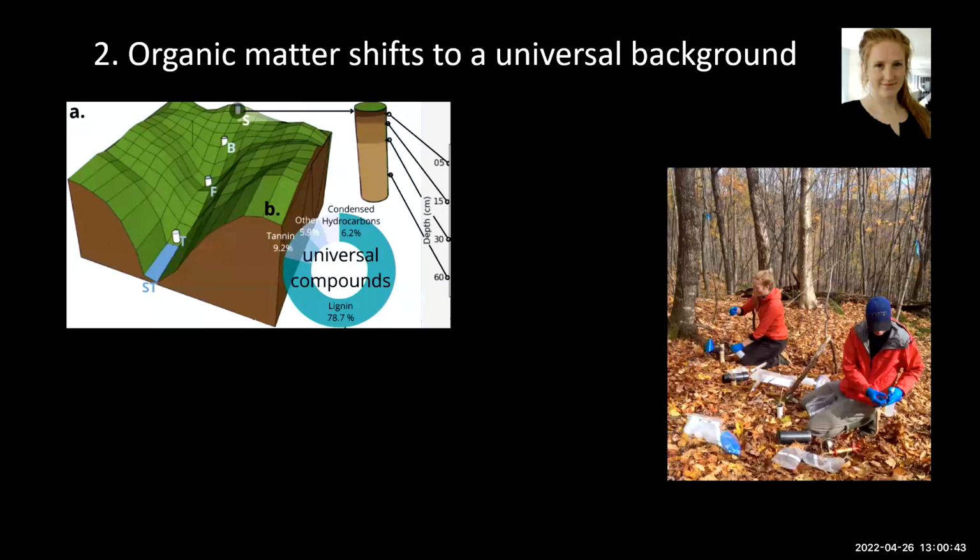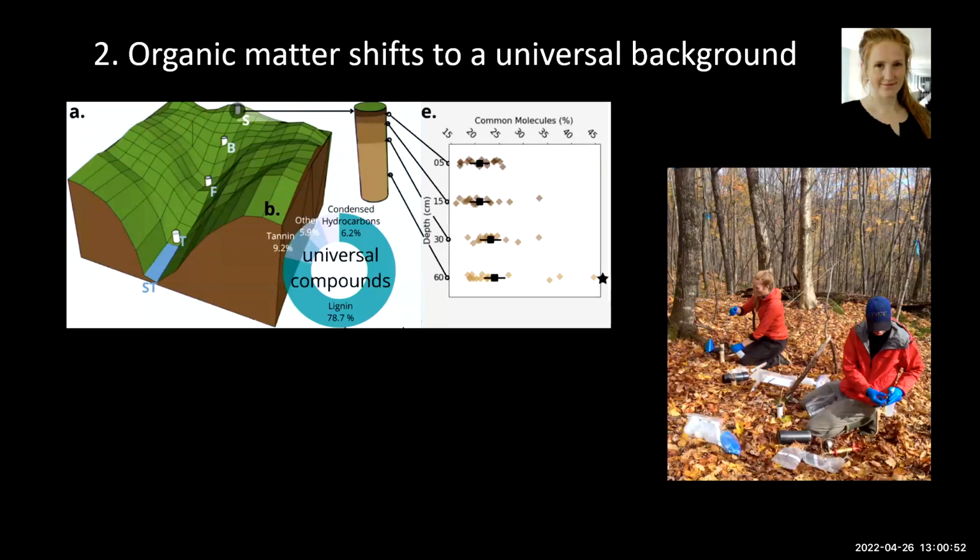And what Erica discovered was that as we get to the bottom of these soils, these universal compounds actually become more abundant. So what we have here is the estimated change through that soil depth profile, averaged across all the different hill slope positions, of the proportion of those universal compounds in the dissolved organic matter pool.